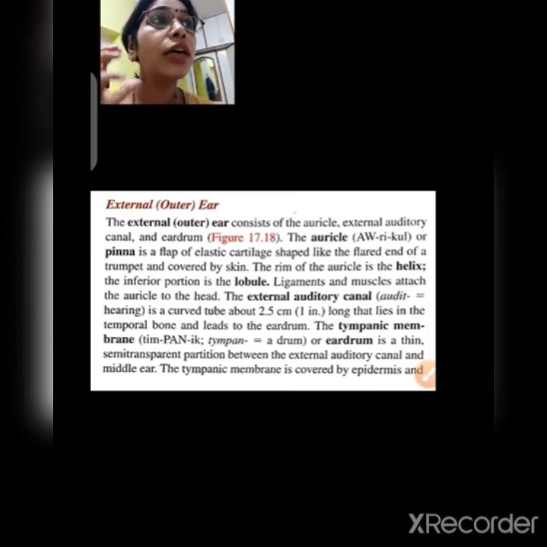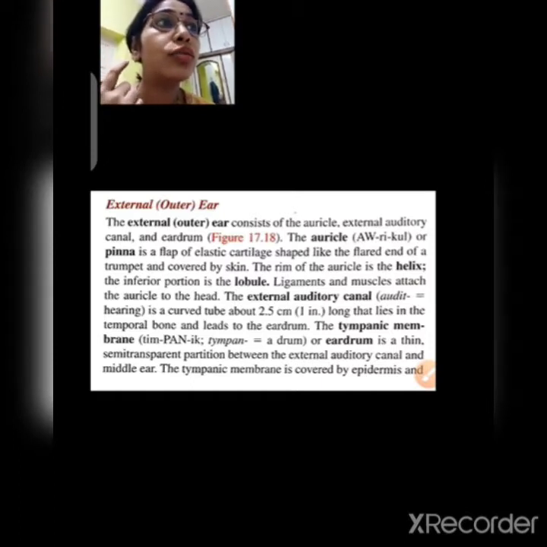There is a hole in the temporal bone of the cranium, which is the external acoustic meatus, and that leads to the eardrum. The tympanic membrane or the eardrum is a thin transparent partition between the external auditory canal and the middle ear.